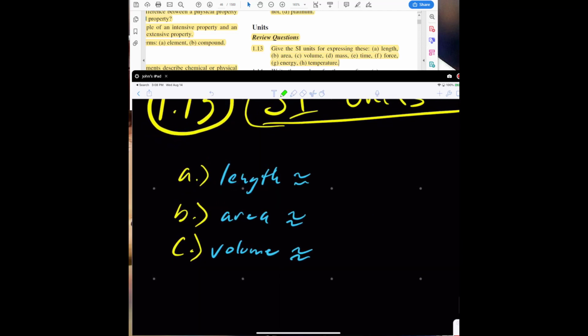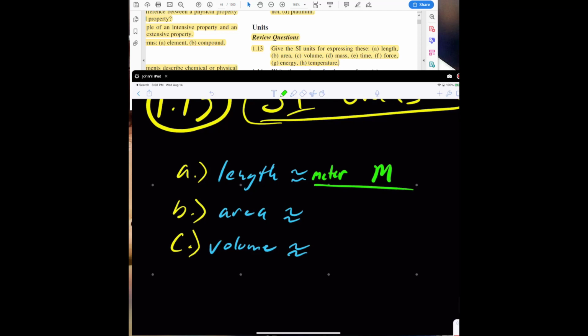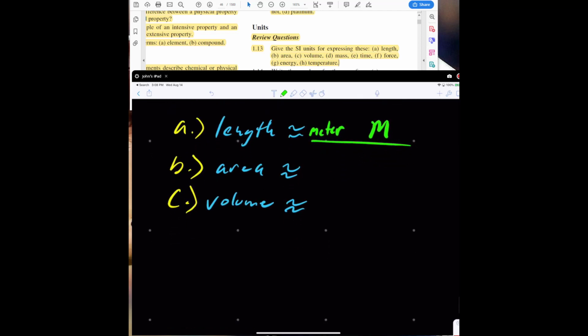So starting with the first three. Length. What do we know about length? Well, it's going to be meter. Meter. Lowercase m. And area. Well, if we think of length times width, or base times height, so that would be meter times meter, which is equal to meter squared, right? So meter squared.